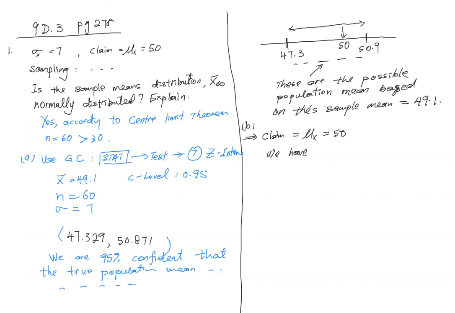Yes, it can happen, so we will say we have insufficient evidence to reject the claim that the mean is 50.